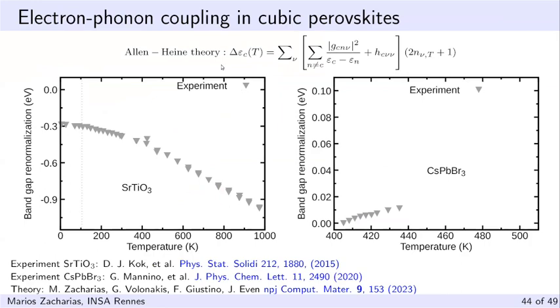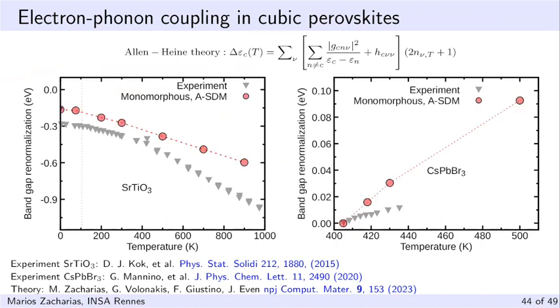So based on the Allen-Heine theory and on the special displacement method, we have computed the band gap renormalization as a function of temperature for strontium titanite and cesium lead bromide. And we see that in both cases, in strontium titanite, we are underestimating the band gap renormalization, while in cesium lead bromide, we are overestimating the band gap renormalization with respect to experiment.